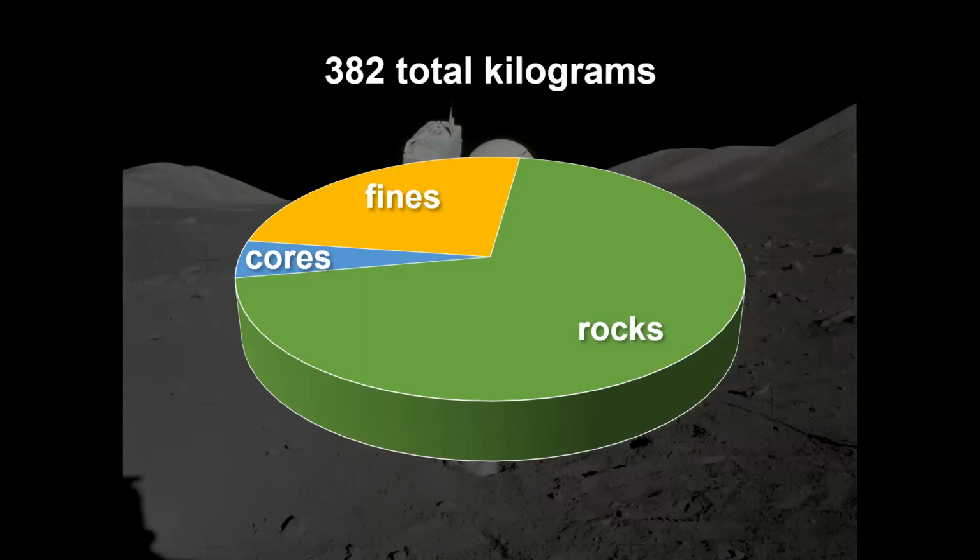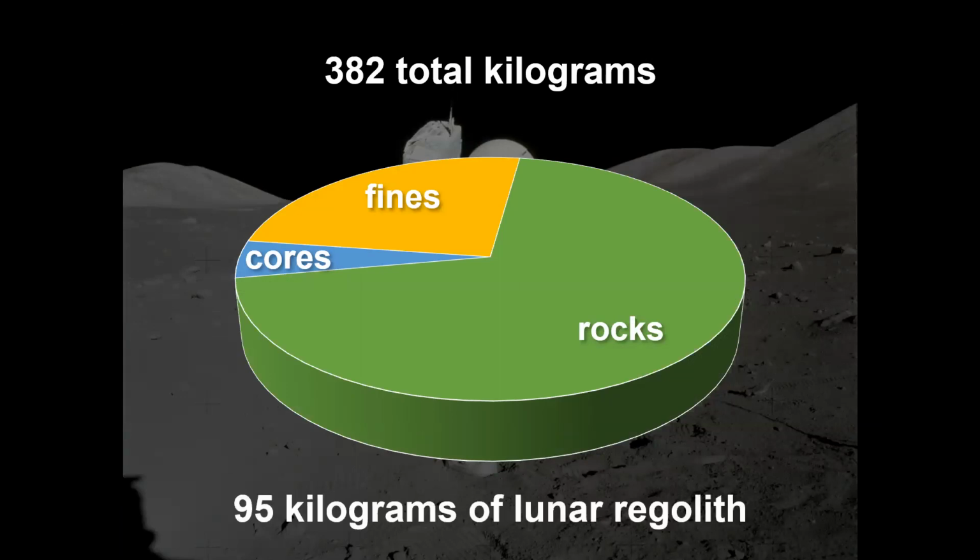And so we actually only have about 95 kilograms of lunar regolith here on Earth for studying. That's a little over 200 pounds, which isn't a whole lot of lunar regolith.